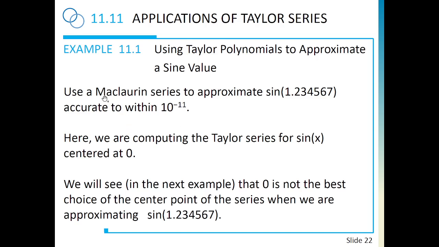Since the goal is to use Maclaurin series, obviously that's not the best option, but that was the question. We need to expand our Taylor series for sine at 0, and we will see that 0 is not the best place, but that's the question now.